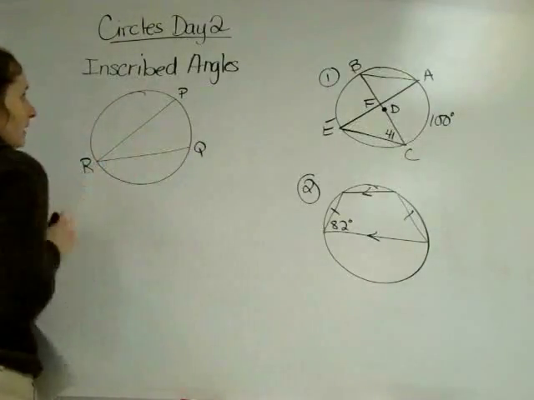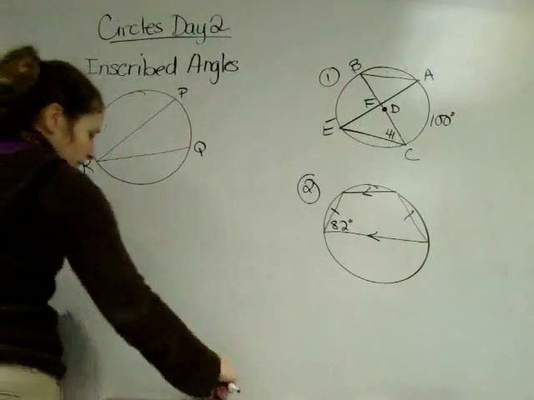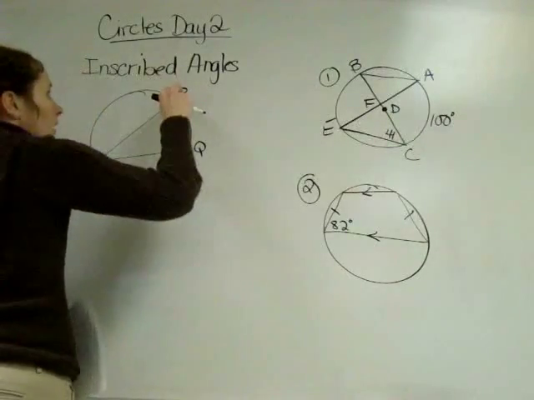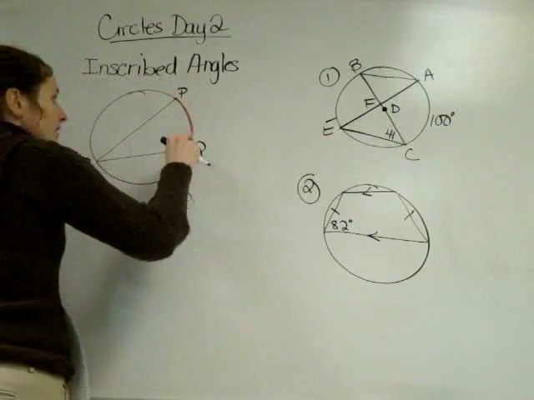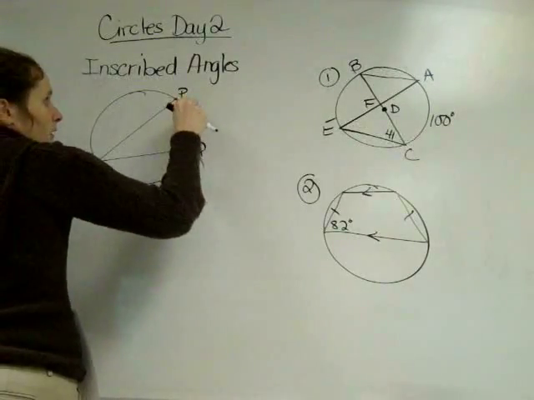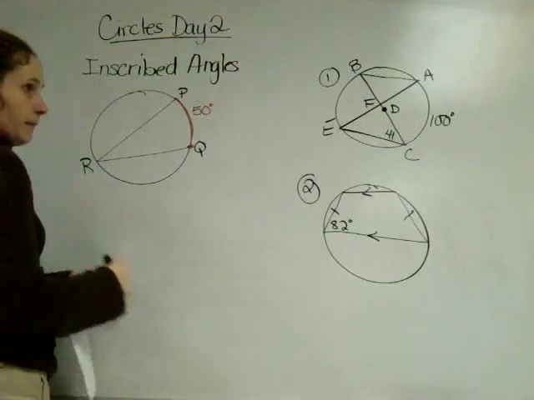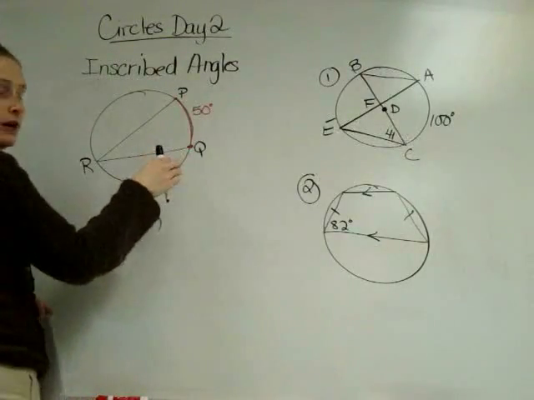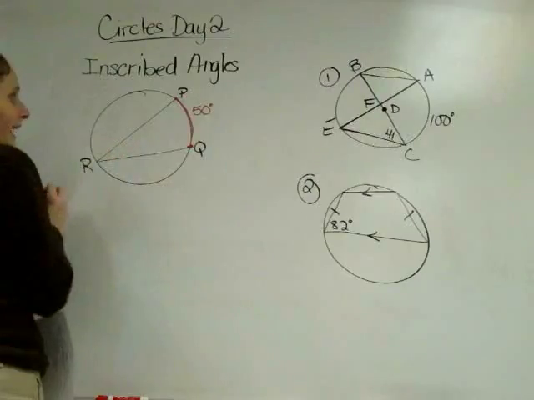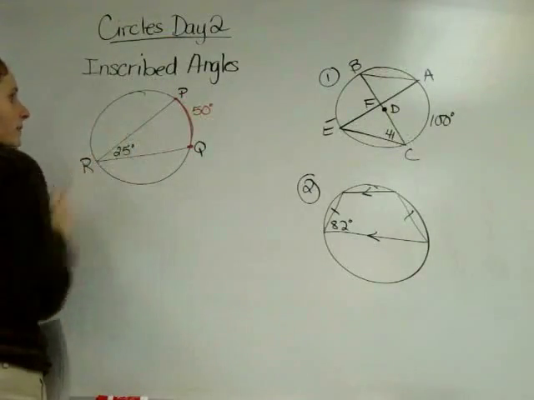Looking at the circle up here, I've got inscribed angle PRQ with intercepted arc PQ. Let's say that intercepted arc PQ is a 50-degree arc. From the 50-degree arc, you cut that in half to get our angle measure of 25 degrees.